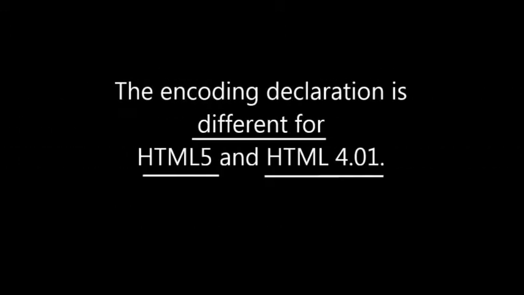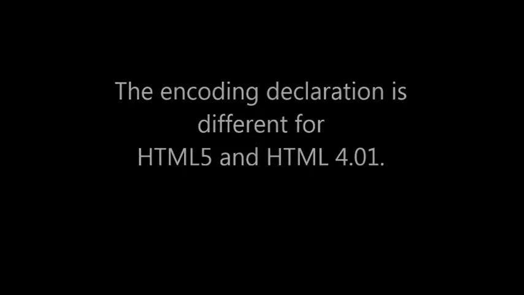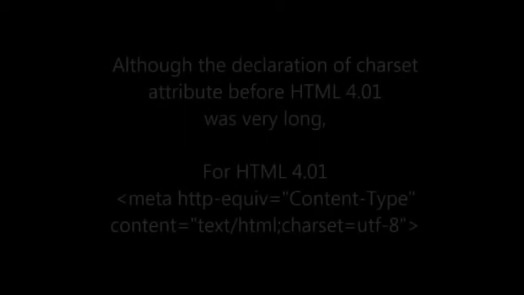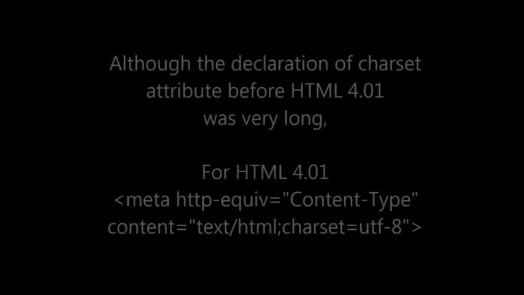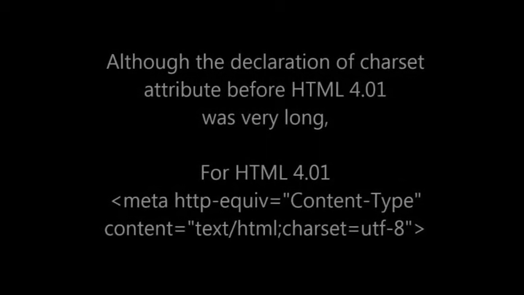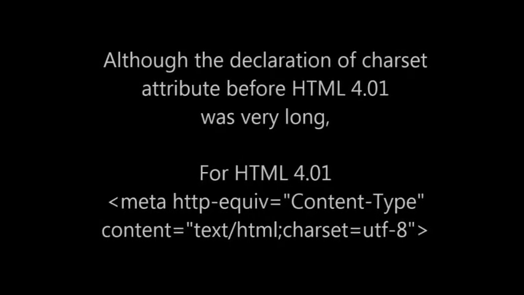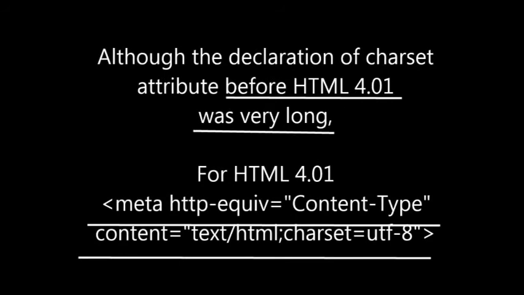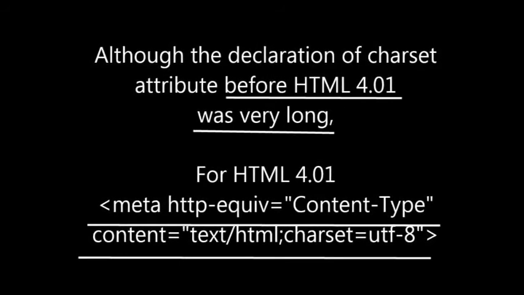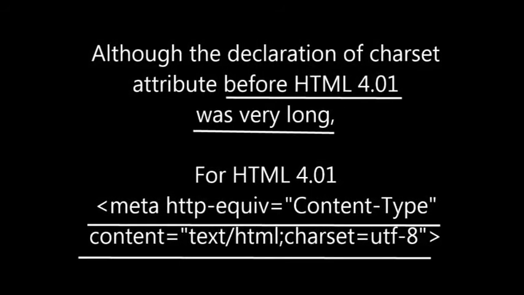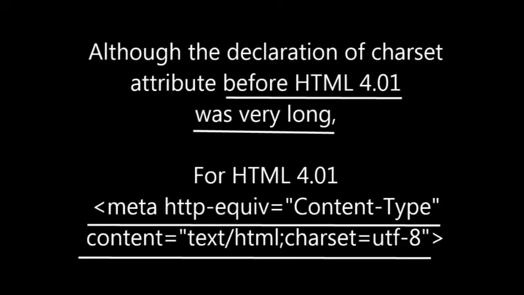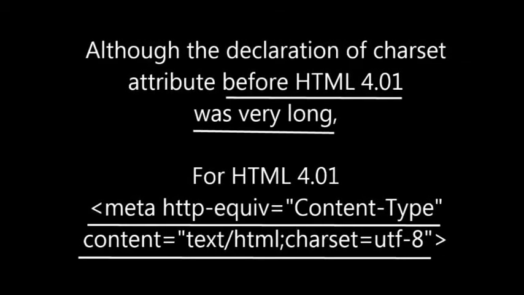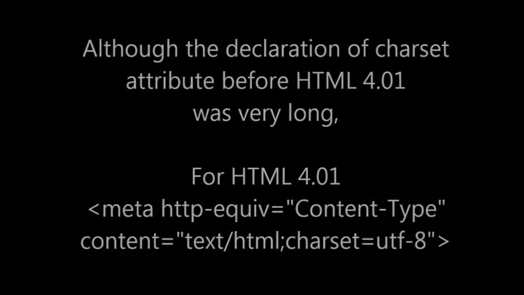The encoding declaration is different for HTML5 and HTML 4.01. Although the declaration of charset properties before HTML 4.01 was very long, for HTML 4.01 it is meta http-equiv equals content-type content equals text/html; charset equals utf-8.